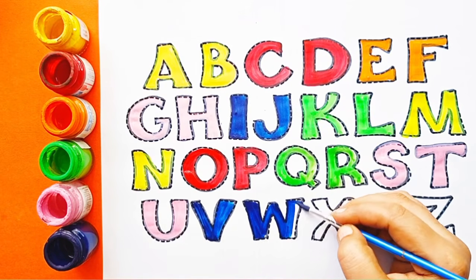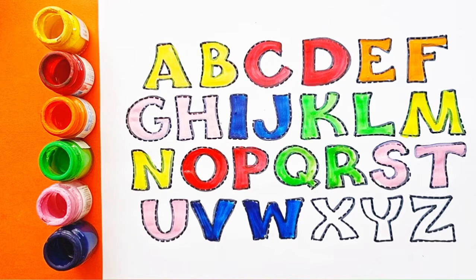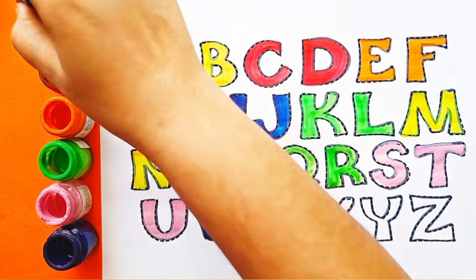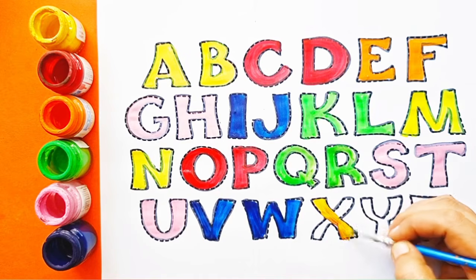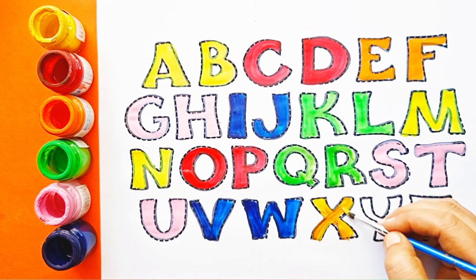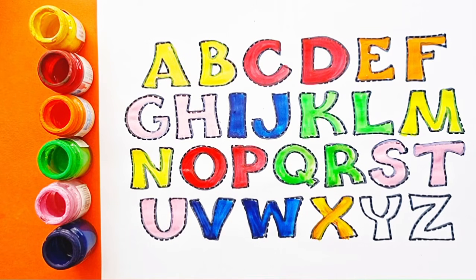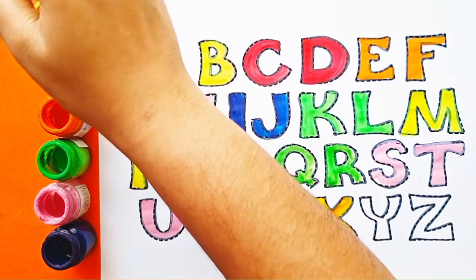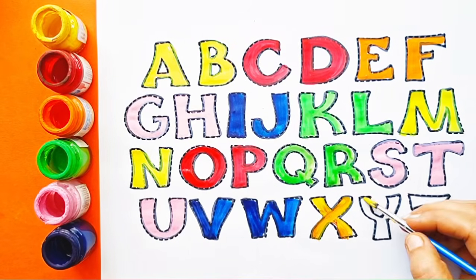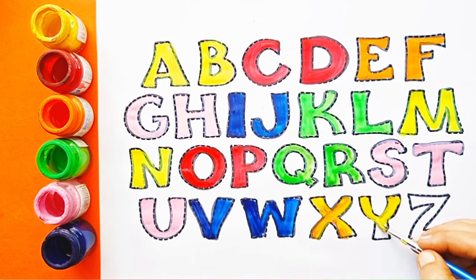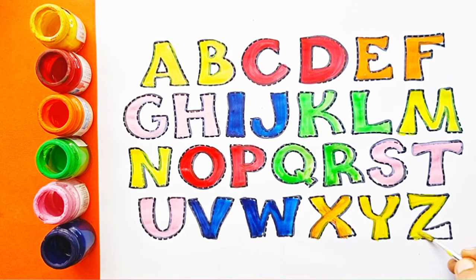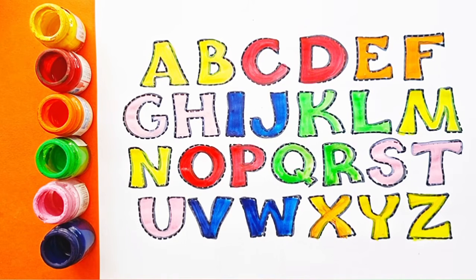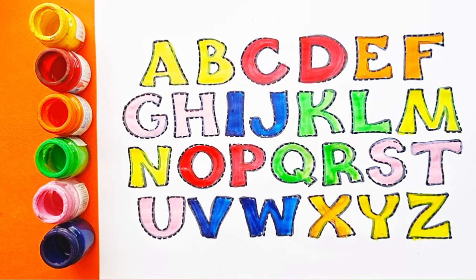W. W for watermelon. Yellow color. X. X for xylophone. Y. Y for yak. Z. Z for zoo.